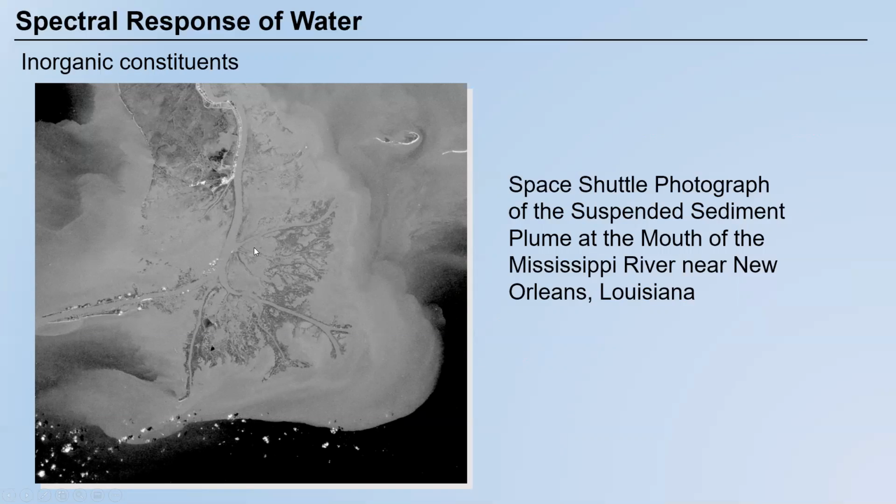We can see here we have different branches. They indicate that the different streams of the Mississippi River and different water currents are carrying sediments into the ocean and form this huge plume of sediment. Okay, it's a gray white area, right?